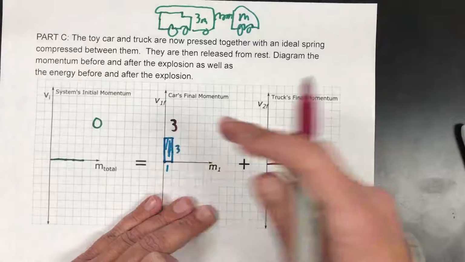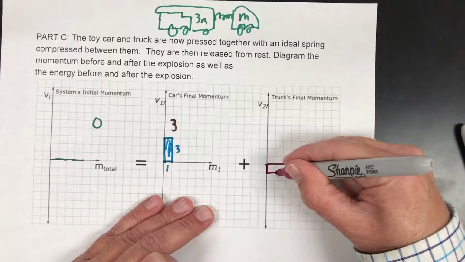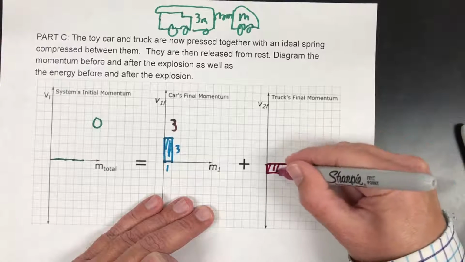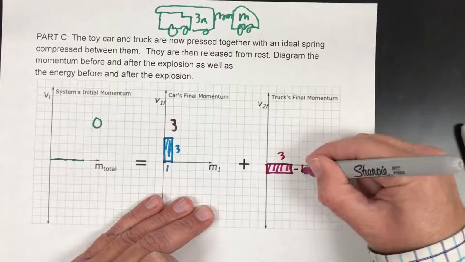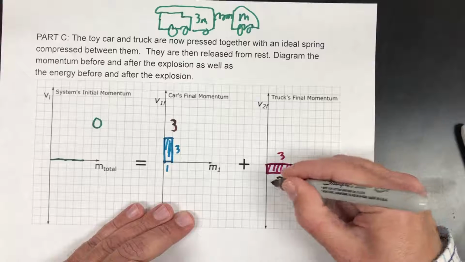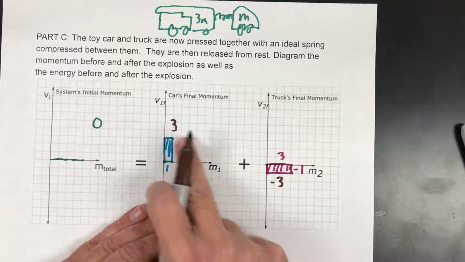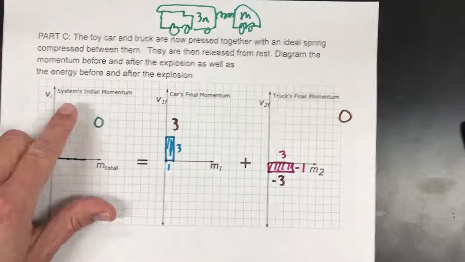I've got to get a total of negative 3 blocks to cancel that out, so I'll become 1 down there. This one's got a mass of 3 and a velocity of negative 1, giving a total of negative 3 units of momentum. 3 plus negative 3 gives you 0 total, just like we had in the beginning.